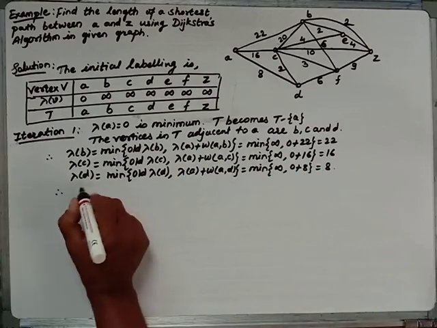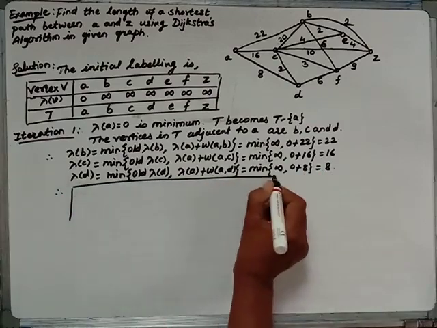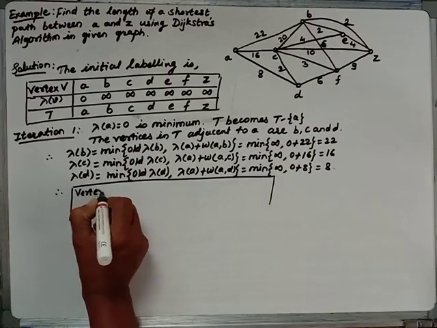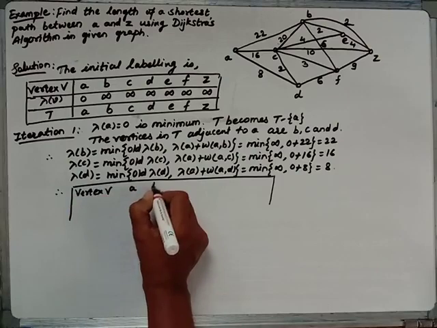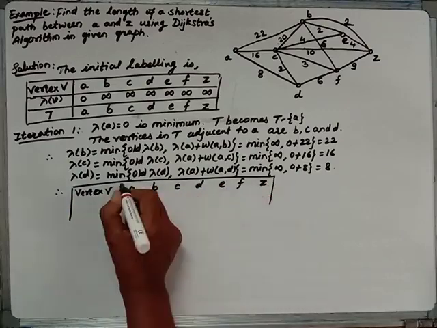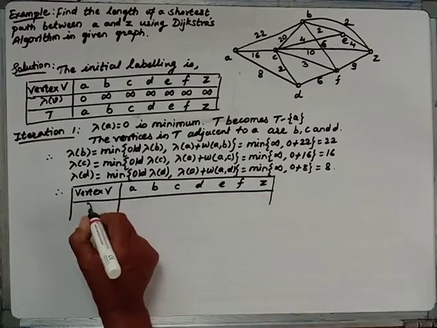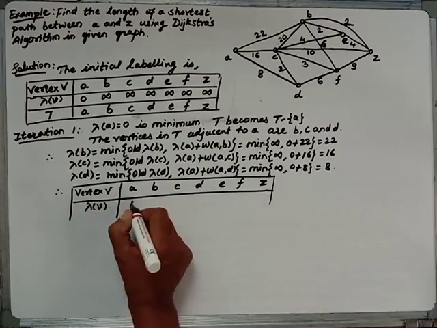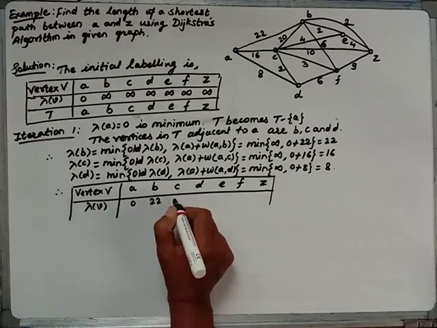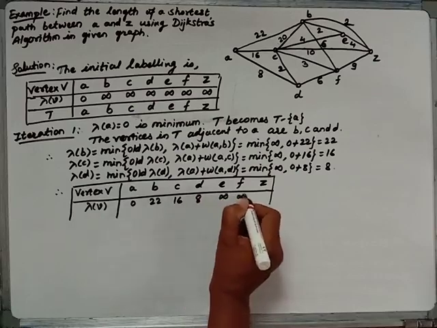Therefore our new labeling will be: vertex V, that is A, B, C, D, E, F and Z. Right? So now lambda of V: for A it is 0 as it is, for B it is now 22, for C it is 16, for D it is 8, and these are as they are, infinity.